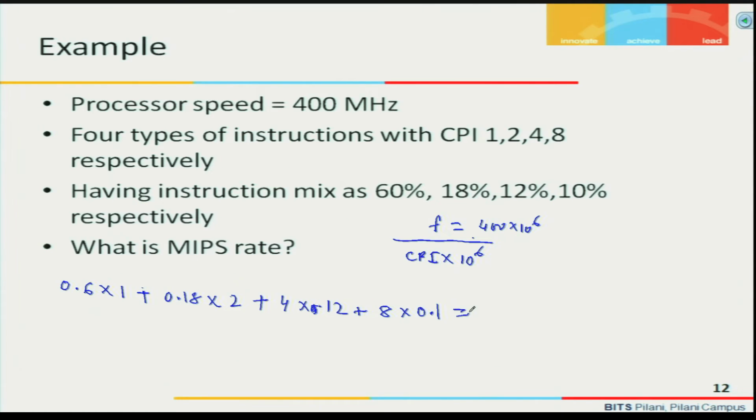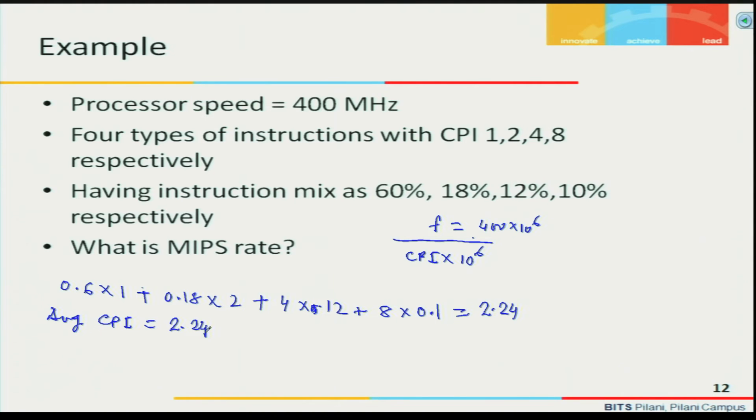This will give me roughly 2.24. So the average CPI for this machine is 2.24.